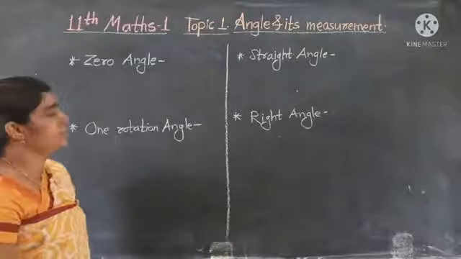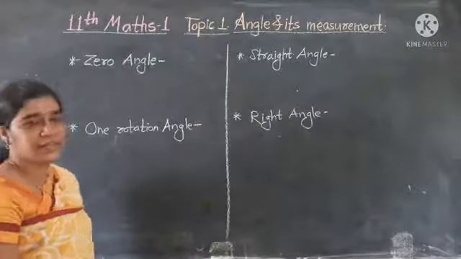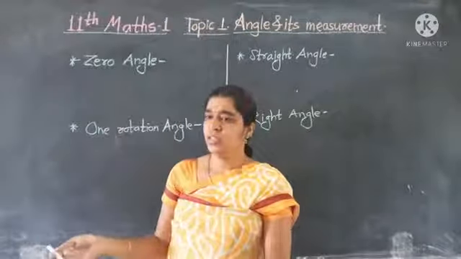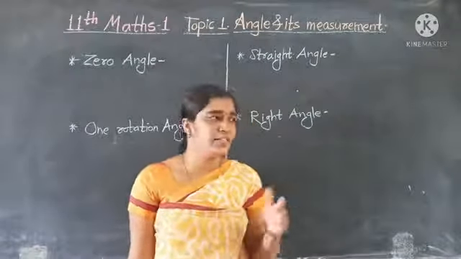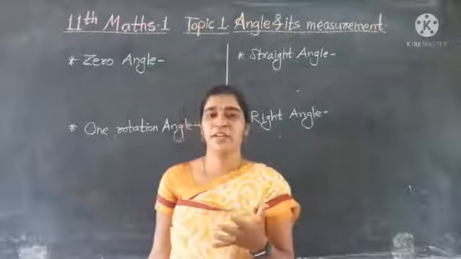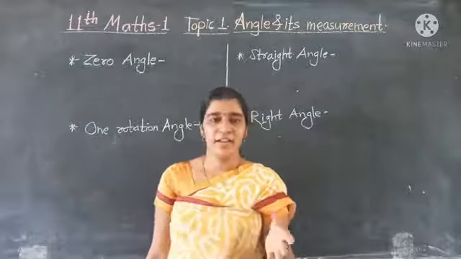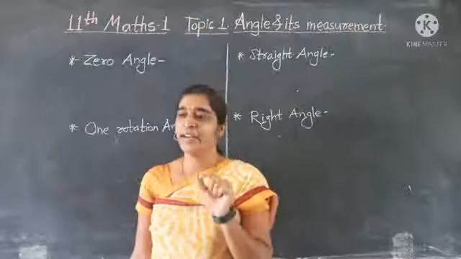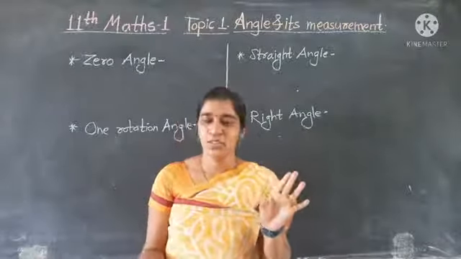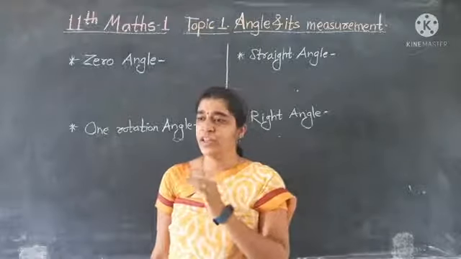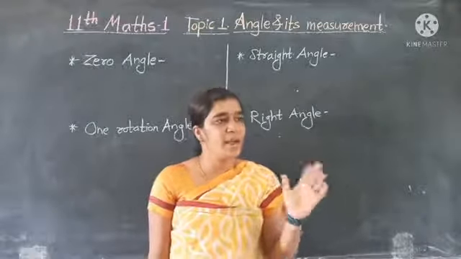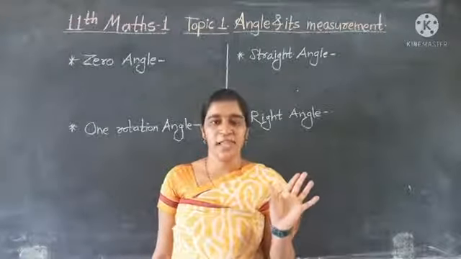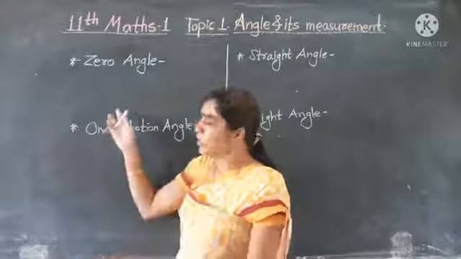See students, the next point is zero angle. All these concepts you had learned in 6th, 7th, 8th, 9th and 10th standard, different types of angles. But the only difference is that here these angles are directed angles. Means here you remember the initial arm and terminal arm, and also the clockwise and anti-clockwise direction. Okay. So what is the zero angle?